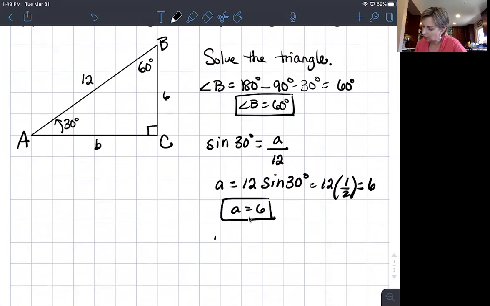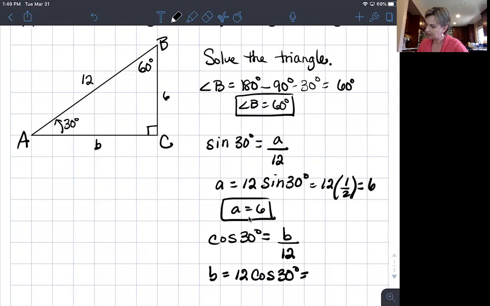So cosine of 30 degrees is adjacent, which is b, over 12, the hypotenuse. Move the 12 to the other side so b is by itself, and you would have b equals 12 cosine 30 degrees.